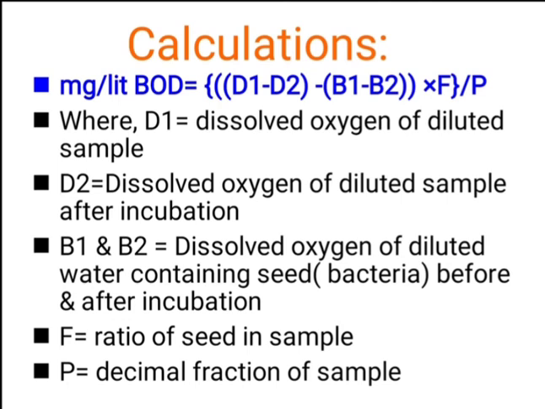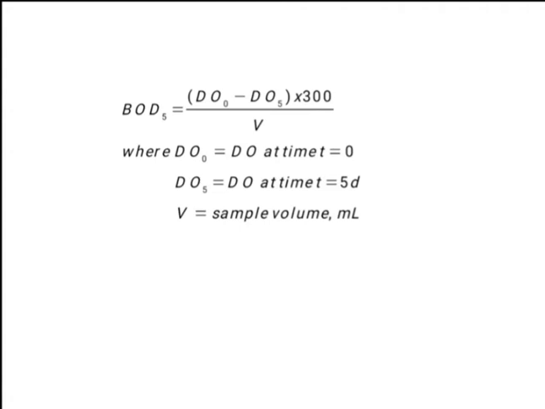F is the ratio of the seed sample present in the diluted sample, and P is the decimal fraction of the sample. So this formula is a little bit complicated. We will see a simple formula here.